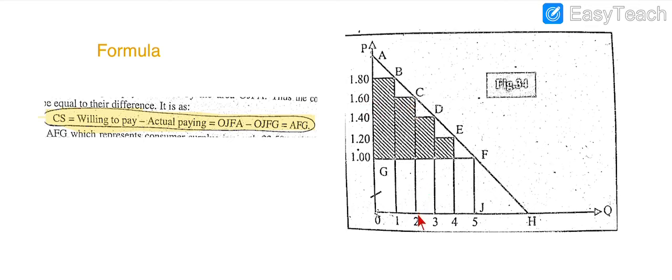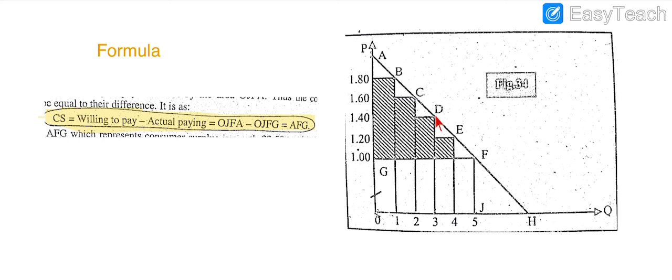When the price further decreased to 1.40, the consumer purchased 3 units, and so on until at the price of $1, the consumer purchased 5 units. And how can we define the consumer surplus?